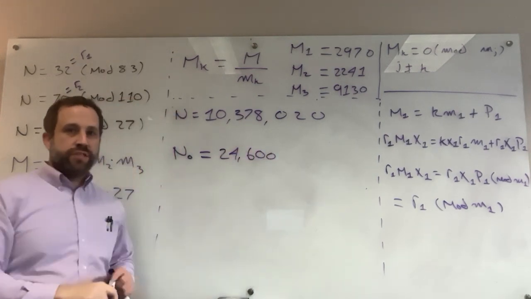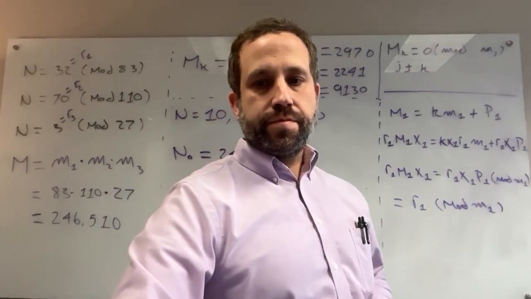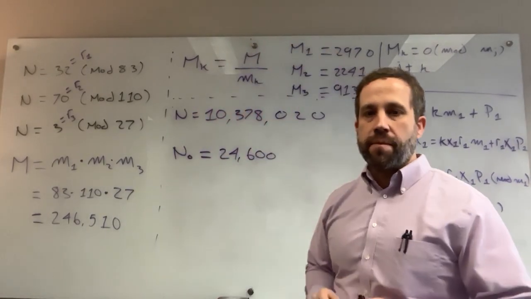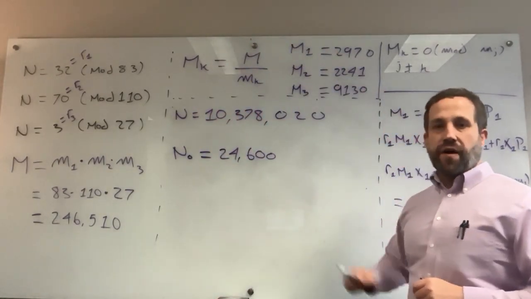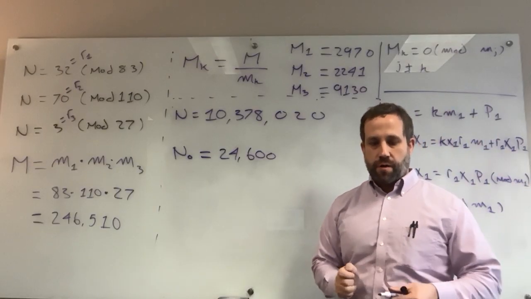And this is a solution to this system of congruences. And for the problem that it came from, the final step is to divide this by 3, and that's how much rice each farmer had.